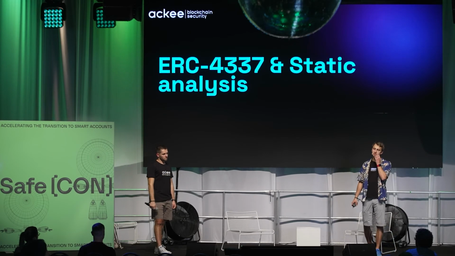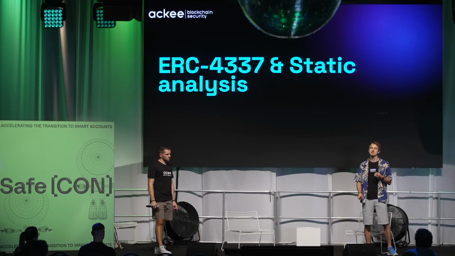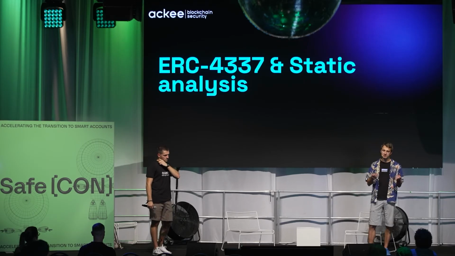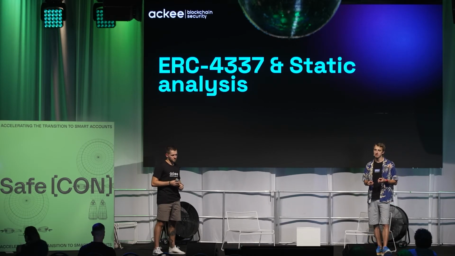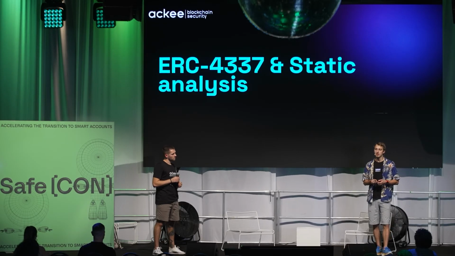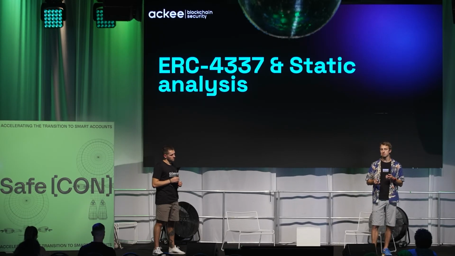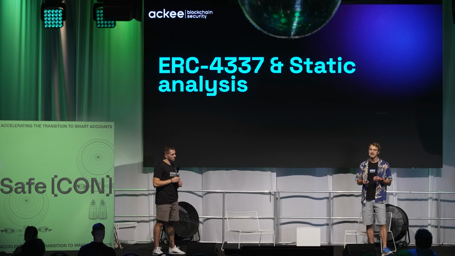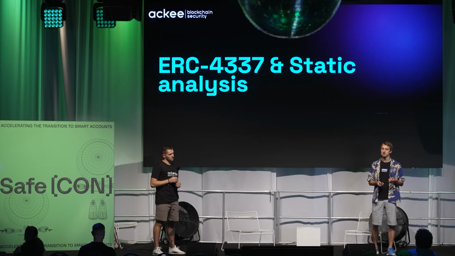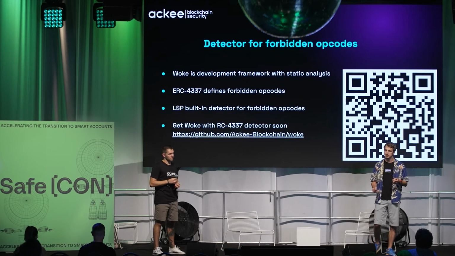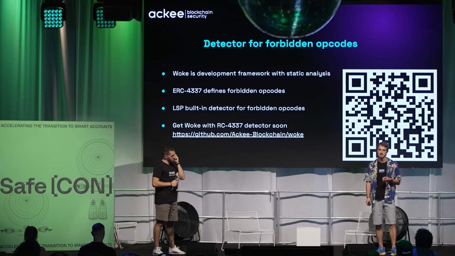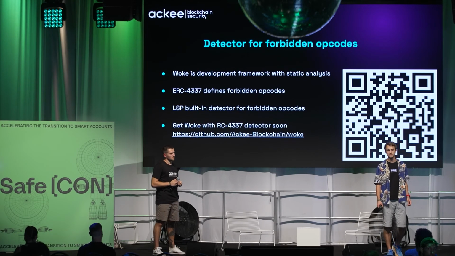So at Ackee Blockchain, we are developing a testing framework, development framework, static analyzer, language server, and many detectors that, for example, you might know from Slither. And we also want to make it easier for developers to start building ERC-4337 compliant contracts. And for this reason, we decided to create a detector for forbidden opcodes.